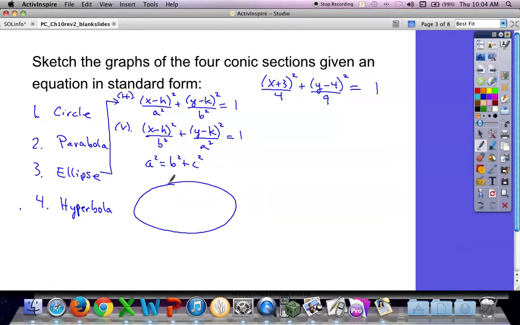Okay. An ellipse is longer in one direction than the other. Okay. If it's longer in the horizontal, then if you draw a horizontal line going right through the middle of it, that is called the major axis. And the foci are along the major axis.